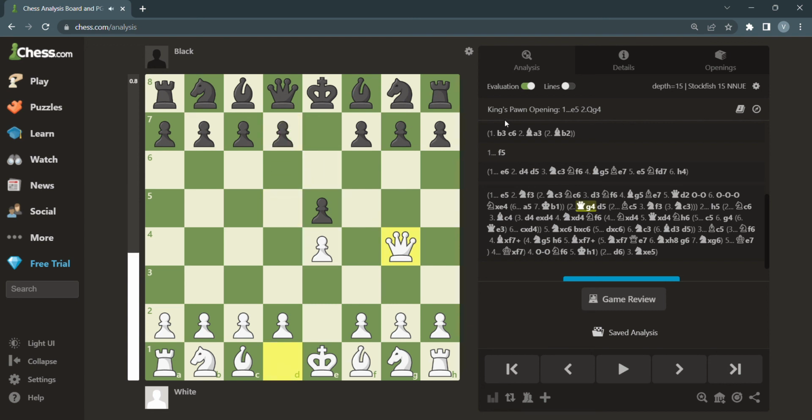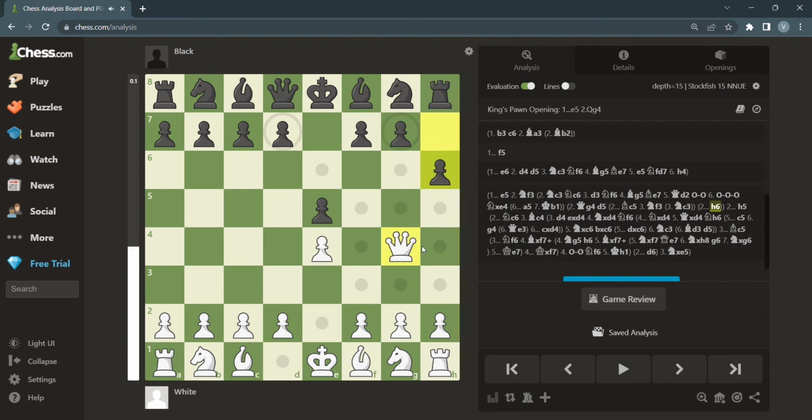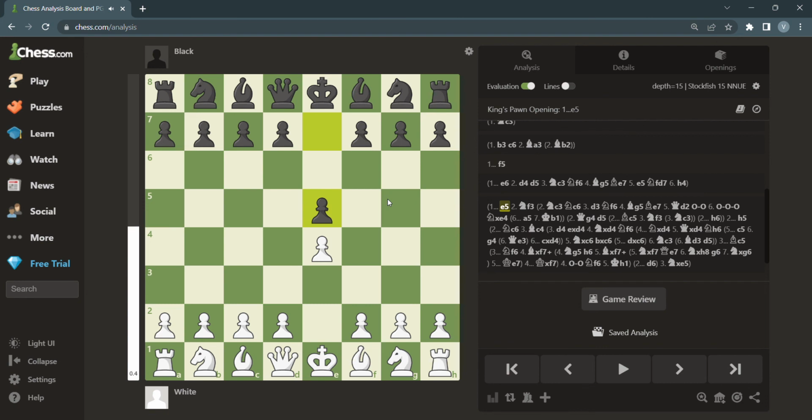Anyway, how can the queen move? The queen can move any direction it wants. It can only move horizontally, diagonally, and vertically. And remember, only knights can move over pawns and pieces.